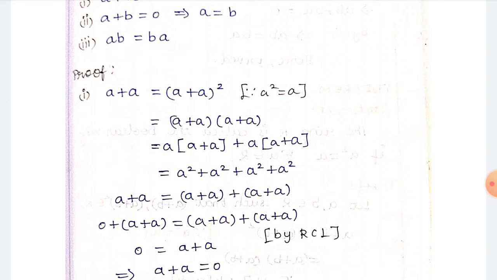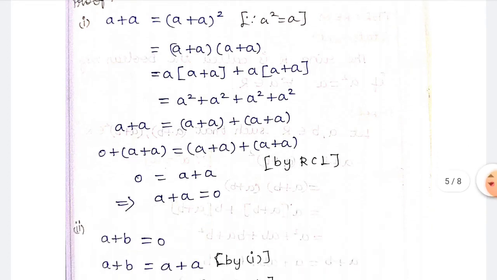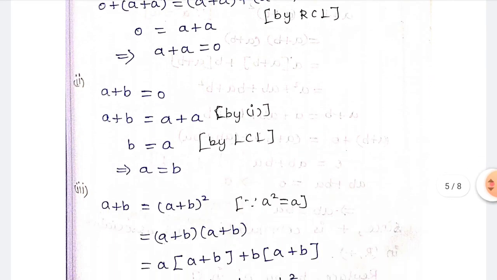So a square is equal to a, you have the condition. So instead of a square you have to put a. So a plus a plus a plus a. So you have to put a bracket. So in the next step you have to write 0 plus of a plus a on the left hand side. So by the right cancellation law, 0 is equal to a plus a. So a plus a is equal to 0. The first subdivision is over.